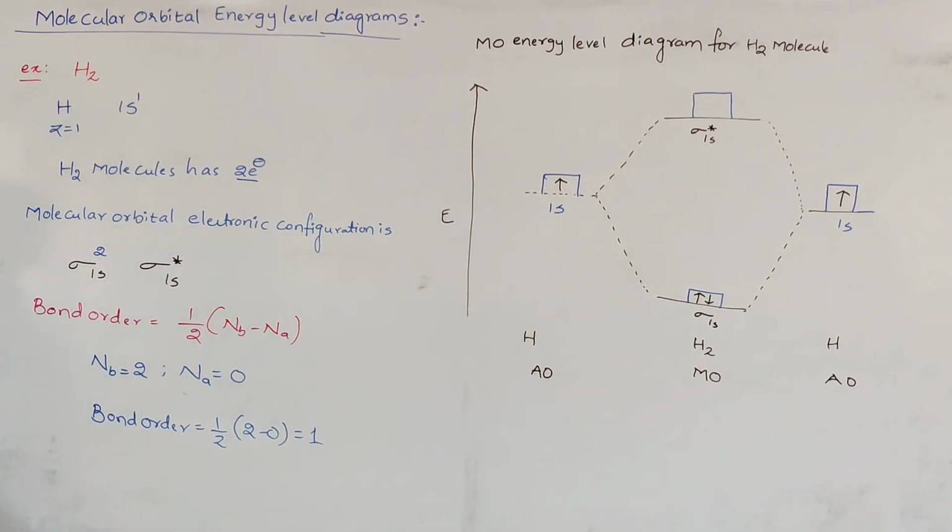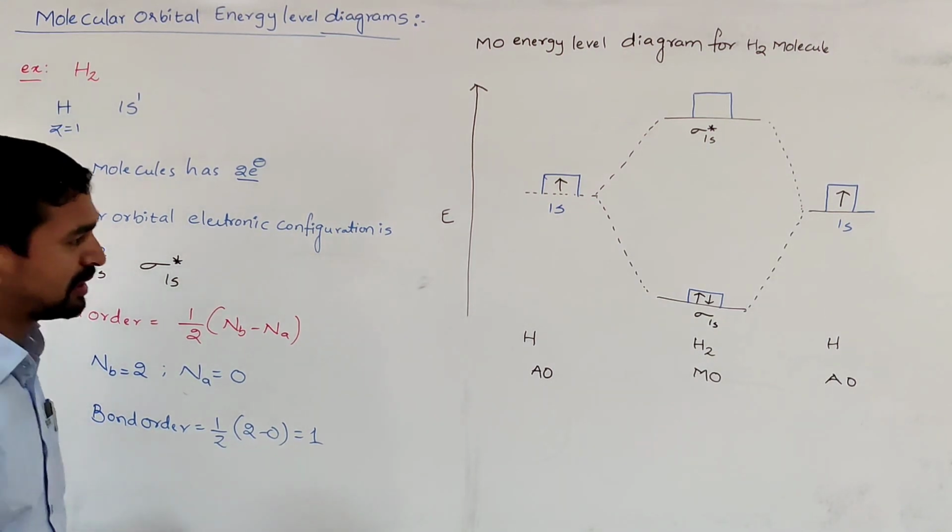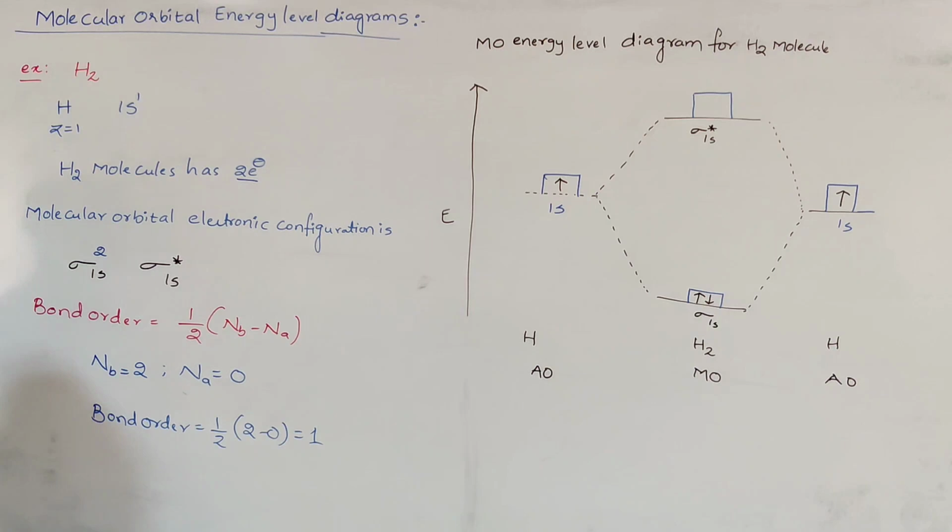Now it is very clear that in the molecular orbital configuration or energy level diagram, no orbital is filled with a single electron. All are doubly filled.